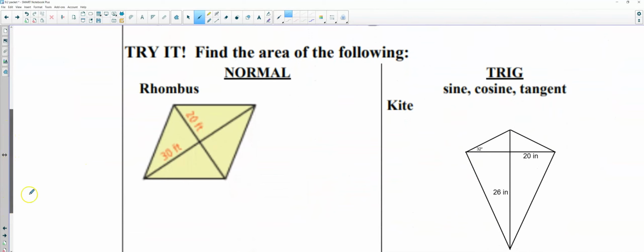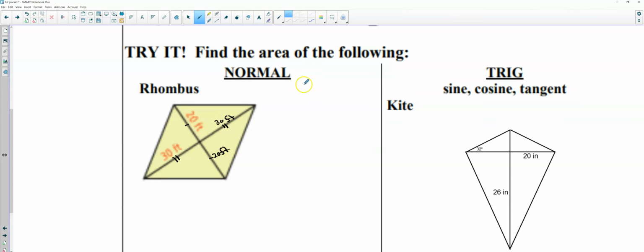So here, find the area of the following. We're given a rhombus, so we know that in the rhombus all the sides are congruent. The diagonals are bisectors of each other, so therefore this one is congruent to this one right here, this half, and this half is congruent to this half. So therefore, if this is 30, this is 30, and if that is 20, this is also 20.